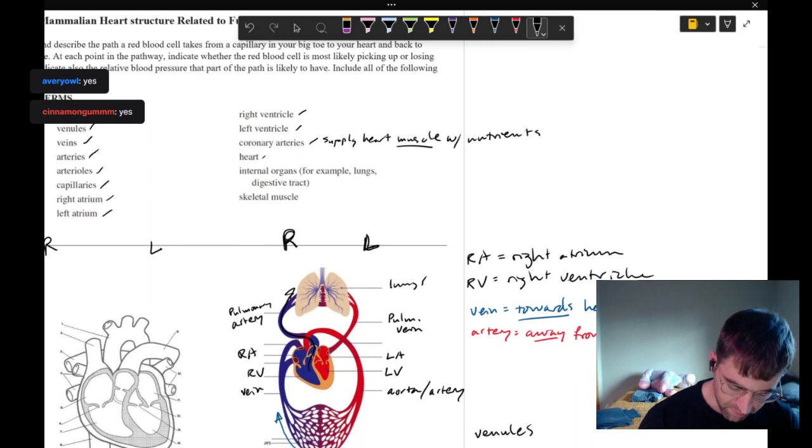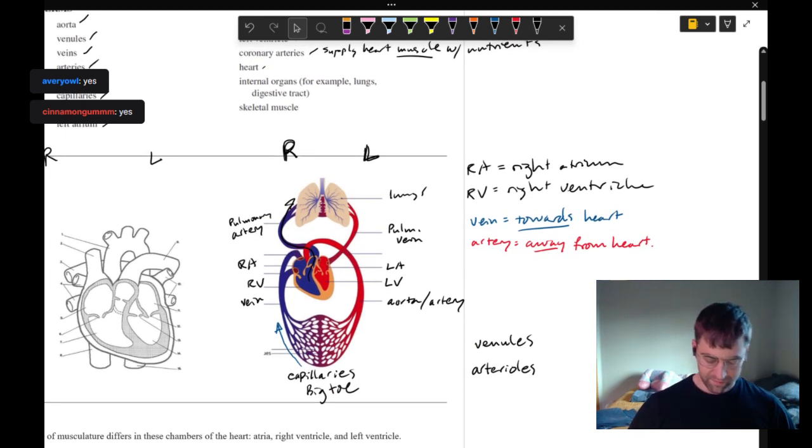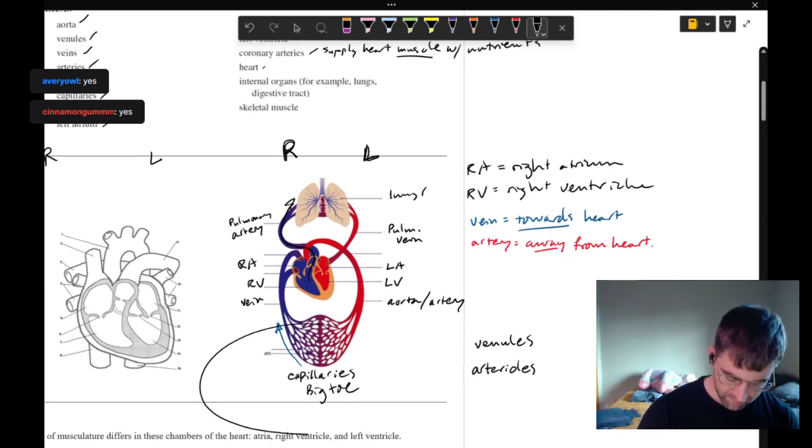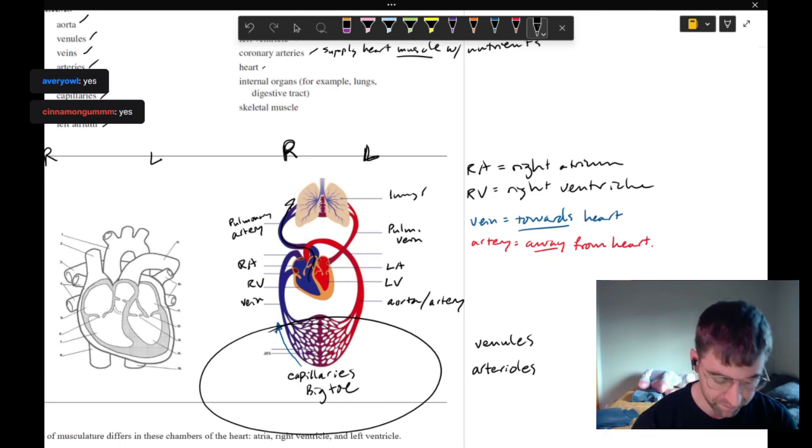We talked about the heart, of course. Internal organs. So in this diagram, the capillaries can be representative of the rest of the body here.